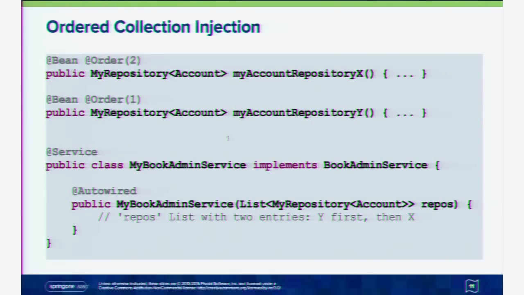So Spring is going to look at its bean definitions, find all the MyRepository of Account matches, and accumulate them into a list. And this is where ordering comes in again. If you're specifying @Order annotations at the bean declaration level above, in some of your configuration classes, we're going to pre-sort them for you. You're going to get an ordered list sorted along your order declarations.